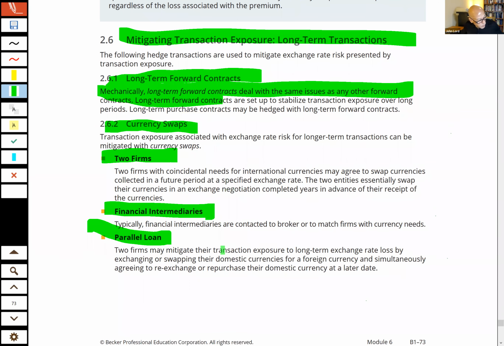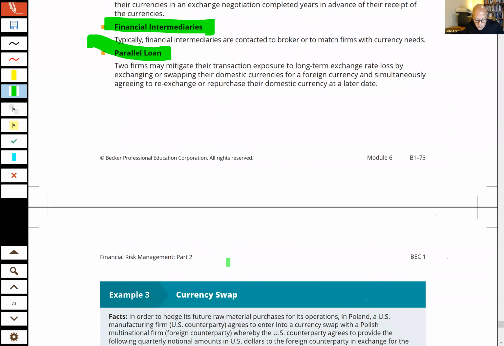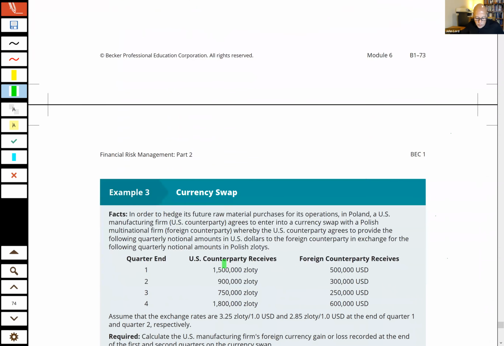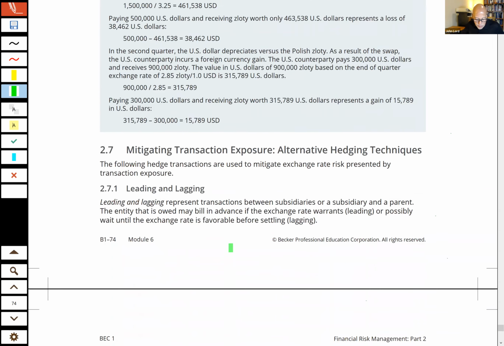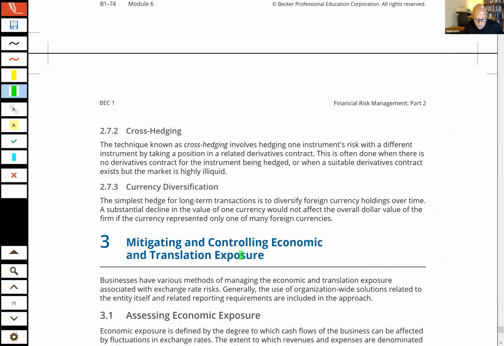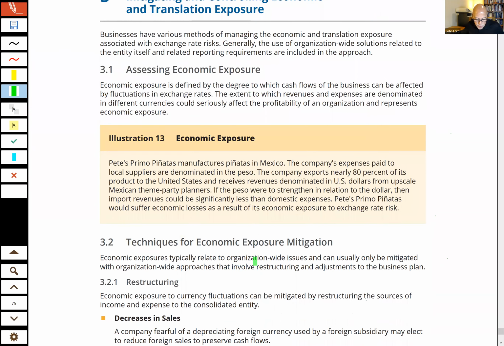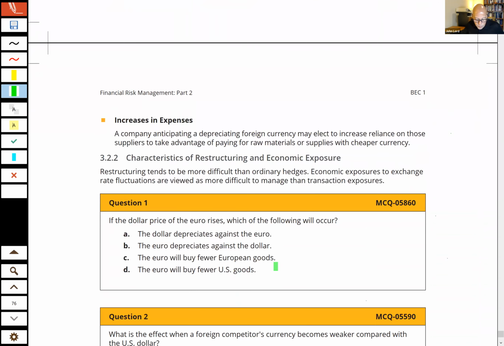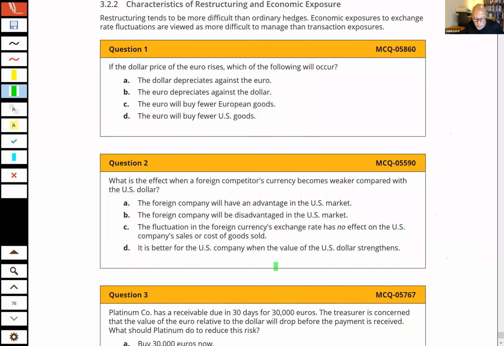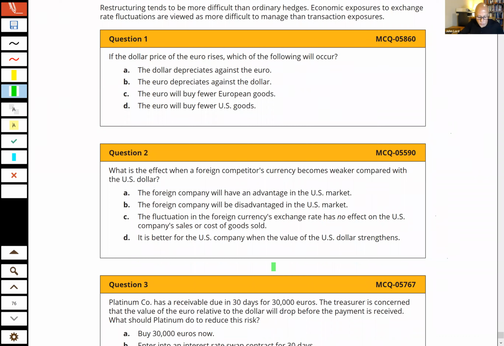Okay, so what I want to do at this point is go ahead and take a look at some questions. I think what you're going to see is there's definitions in here, and largely the definitions are dealing with what happens as one currency moves one way, another currency moves the other way, and then what are some tools that we can use to mitigate some of that transaction risk.